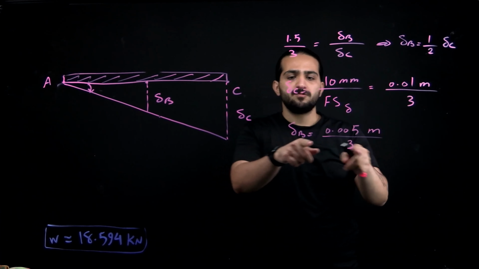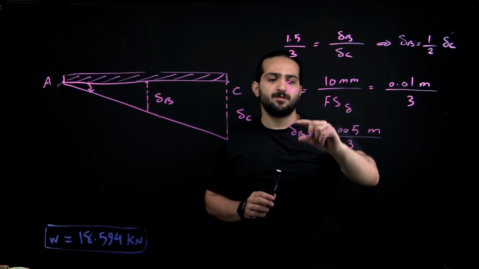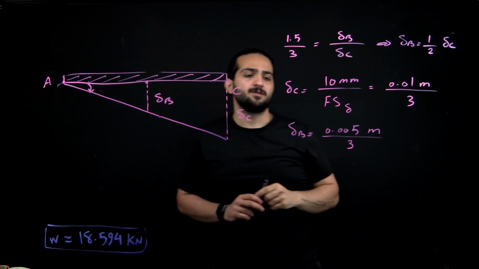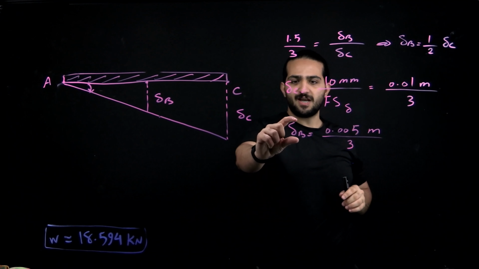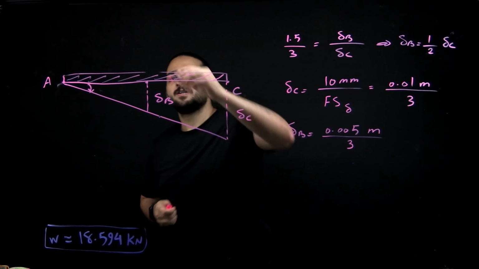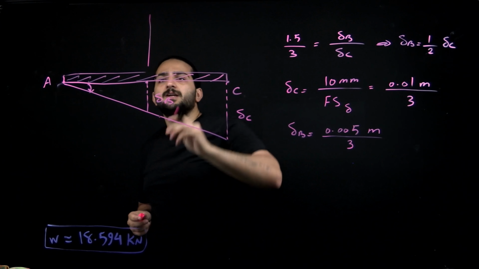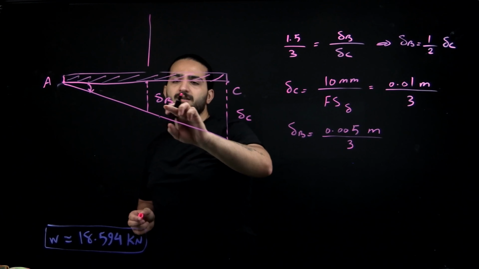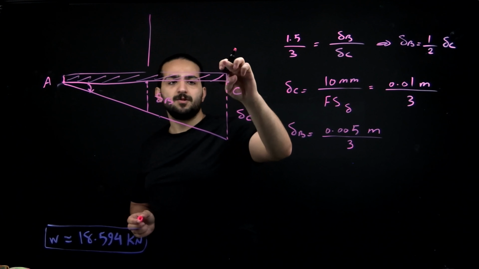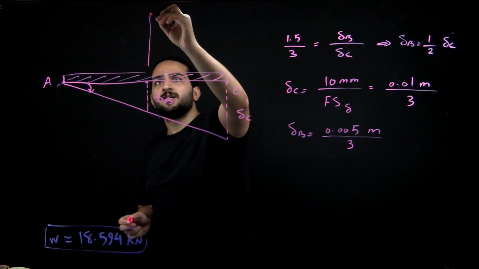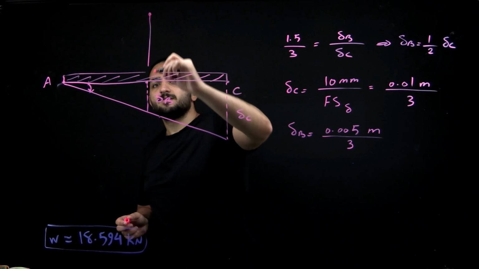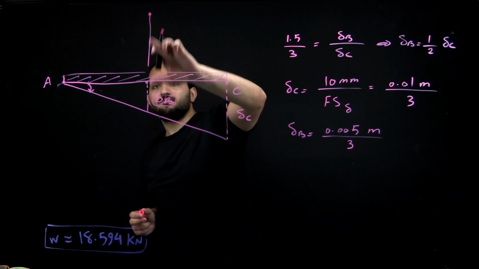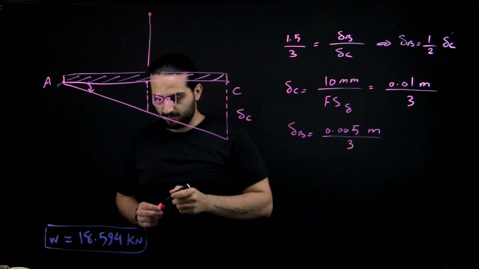And we also know that we can relate this displacement to the load applied to the cable. So this is actually the displacement of this cable that was hanging there. The initial length was this, and then after applying this load, the length was increased by this amount. So this is the final length.